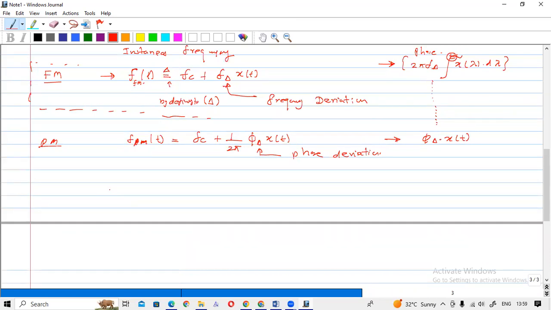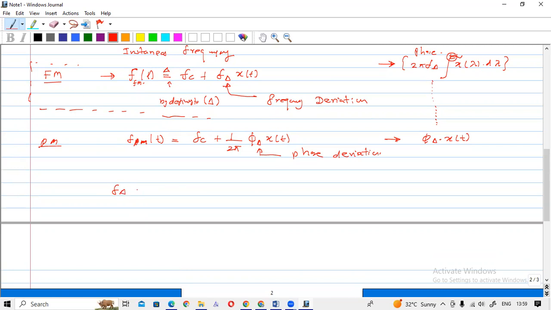Actually, this frequency deviation defines the frequency shift of the carrier signal, the shift of the modulated signal. So you can see it.